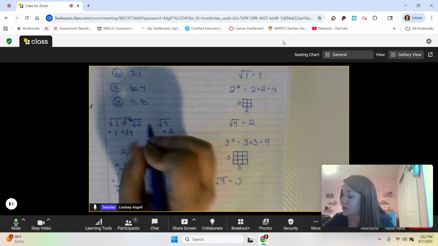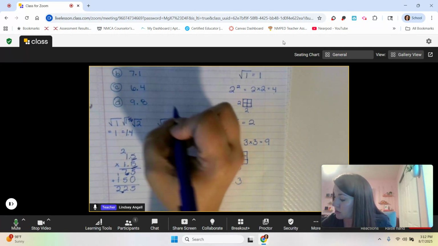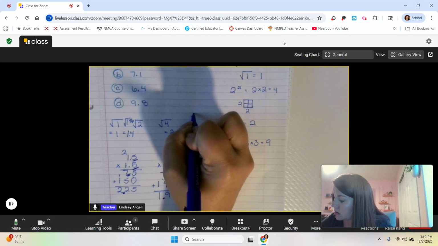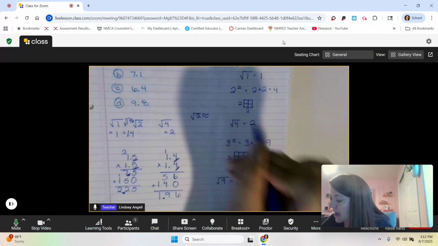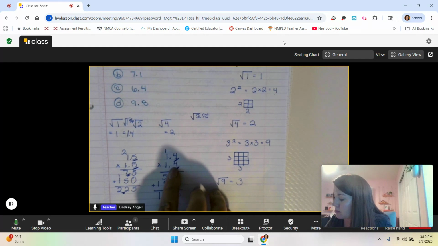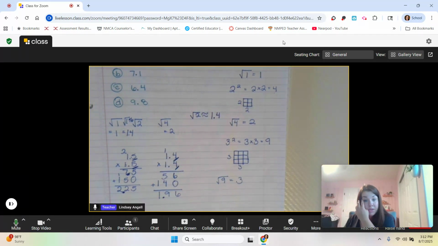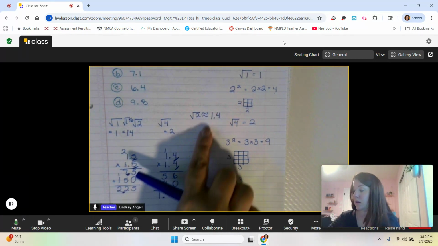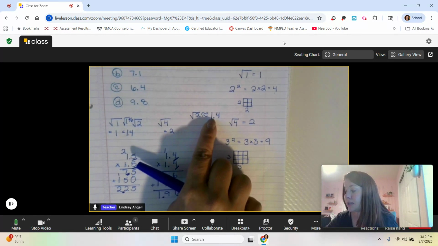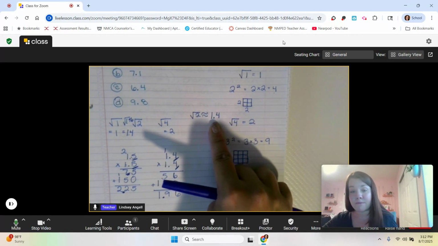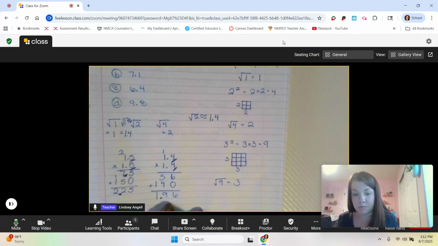So the square root of 2 is about 1.4. I know that's a lot of information, but we can say that because 1.4 times 1.4 gave us 1.96, which is really, really close to 2.